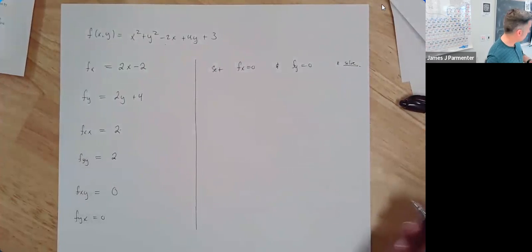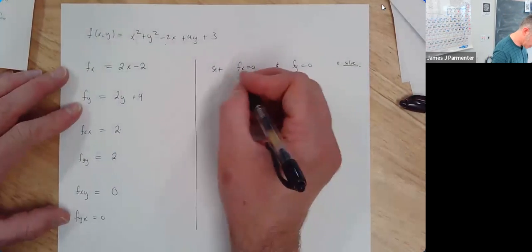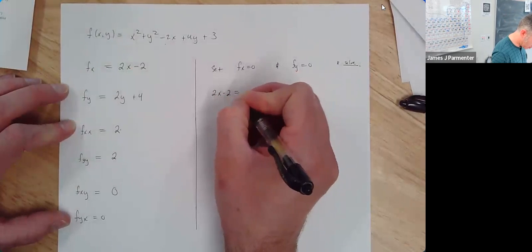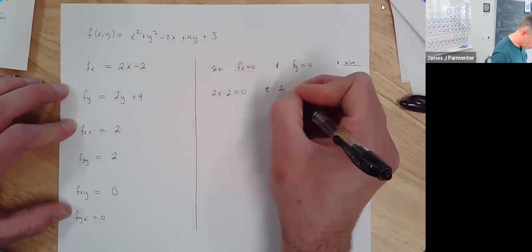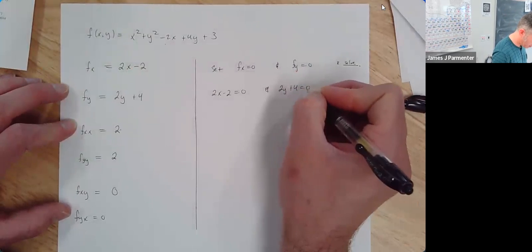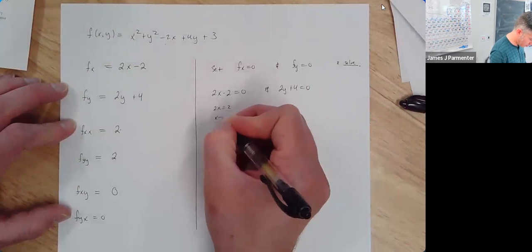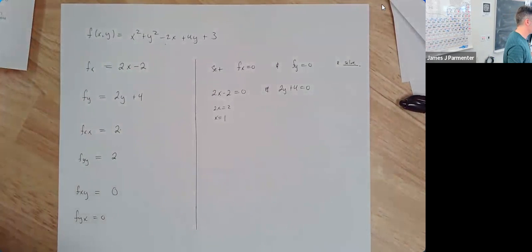So now to find the critical points, we're going to set each of these first derivatives equal to 0. 2x minus 2 equals 0, and 2y plus 4 equals 0. So solving this, I get 2x equal to 2 or x equal to 1. Let me stress, x equal to 1 is not a critical point. It's half a critical point.